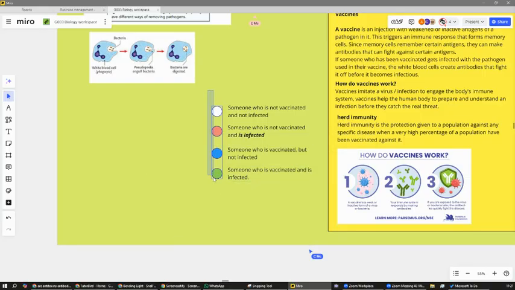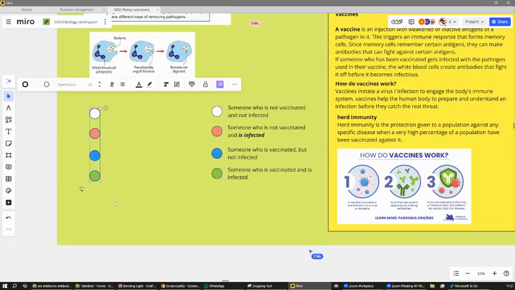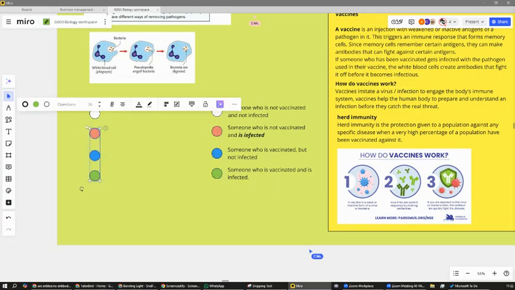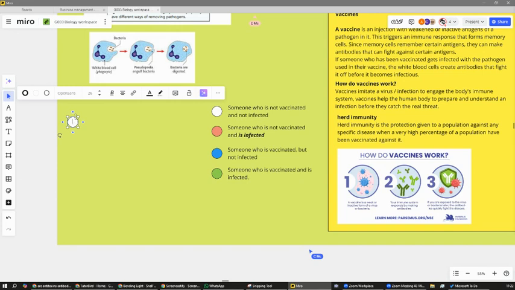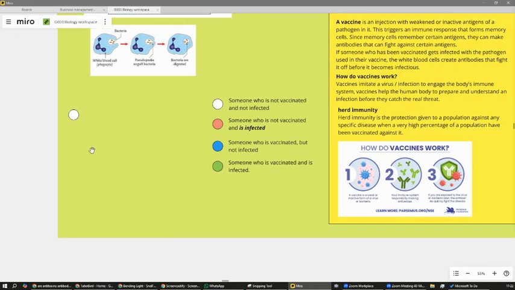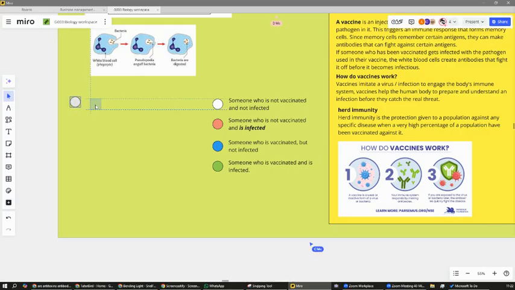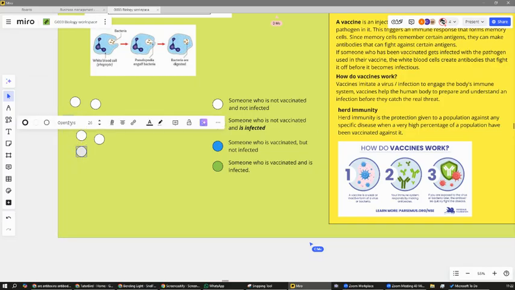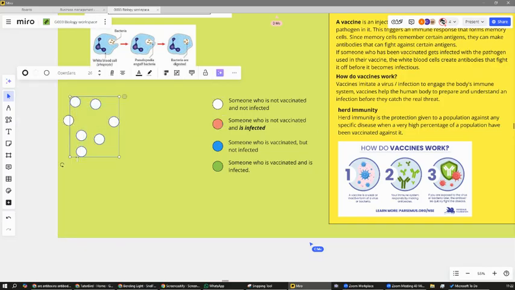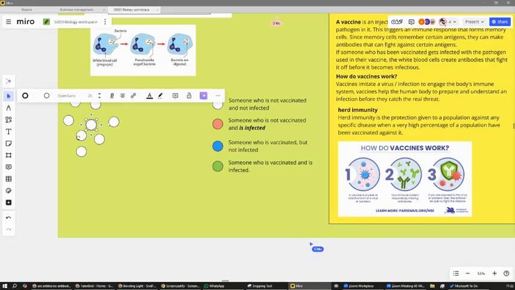Okay, so let's take some of these circles and we'll copy them around. Let's start off with a load of people who are not vaccinated but no one's infected. Or at least let's say only one person gets infected. Just a few more.